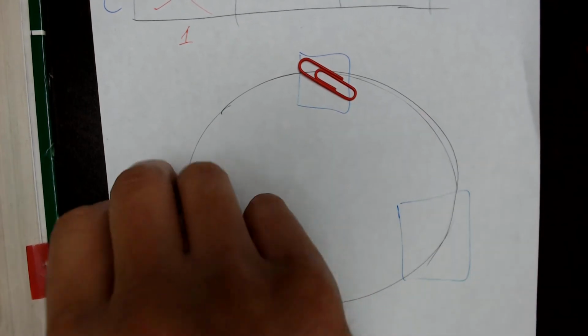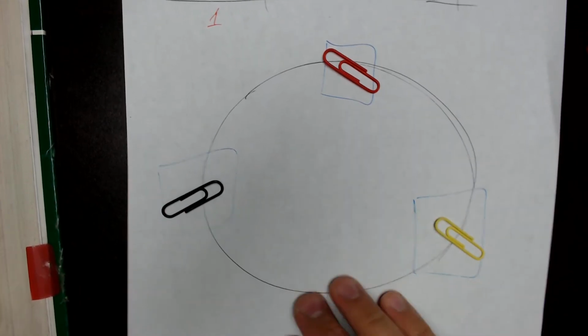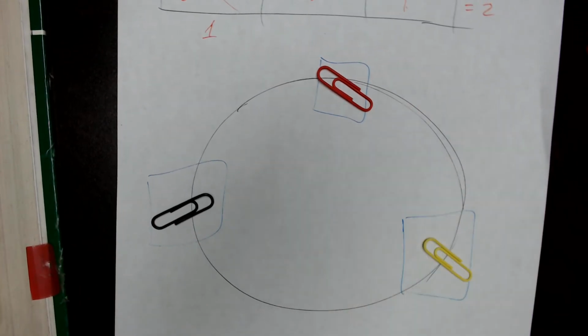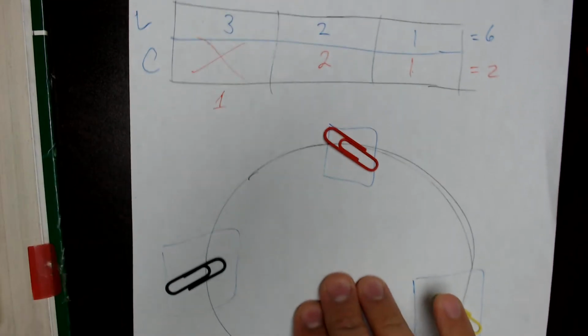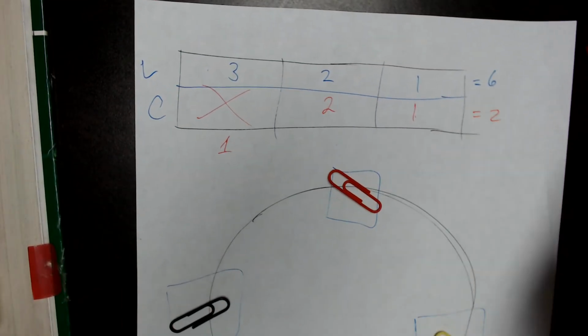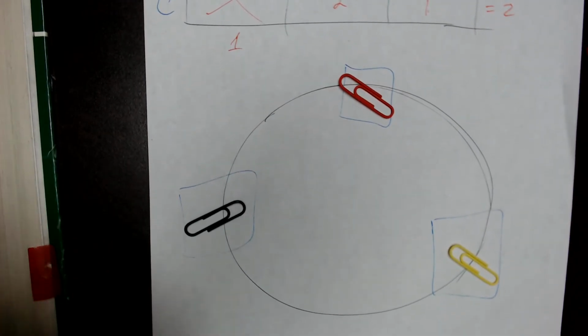And then I could try to switch these, and then I'm back to the other one, yellow, black, red. And no matter how many ways I try to switch them, I'm only going to end up with 2 options. And no, going counterclockwise doesn't count as a whole different set of arrangement. That would be like saying counting from front to back is different from counting from back to front. Now that's circular permutations.